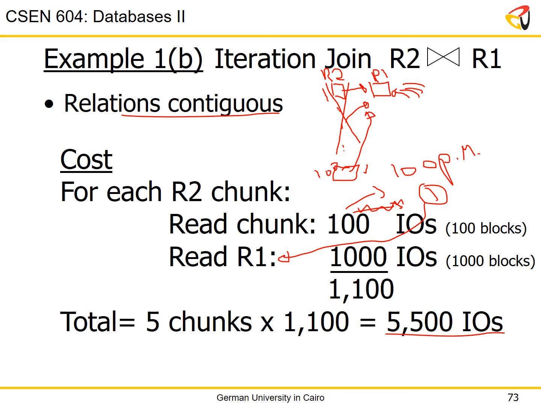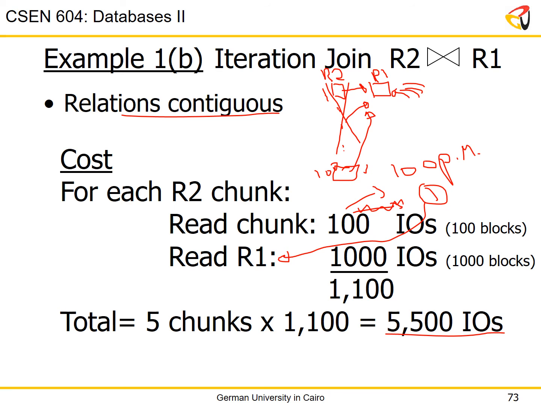Now I will read all of R1's pages, page by page, and put each page inside the available memory slot that is remaining for me. And since R1 has 1,000 pages, I will spend 1,000 IOs to read the 1,000 pages, page by page, in order to do the comparison.